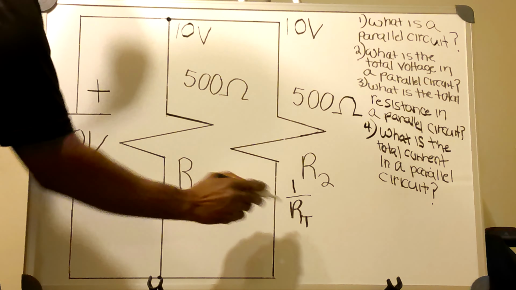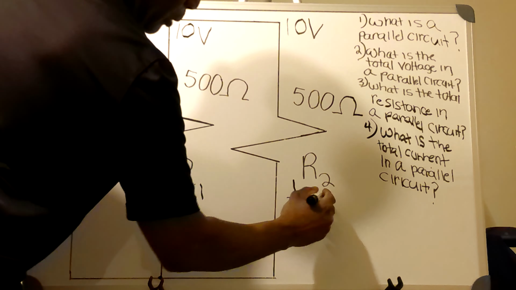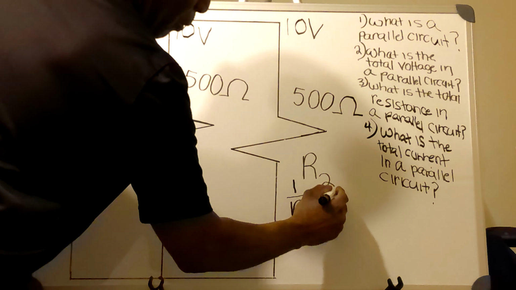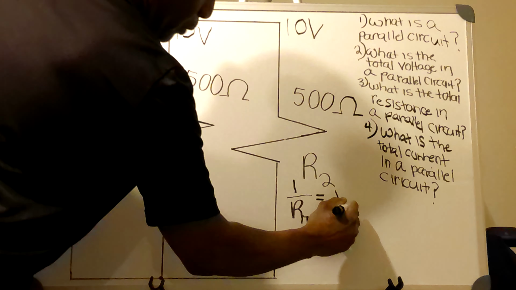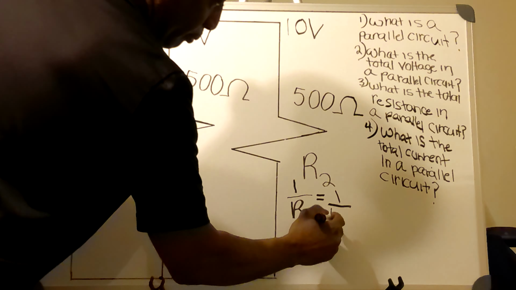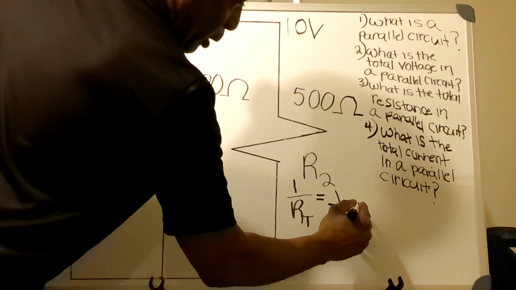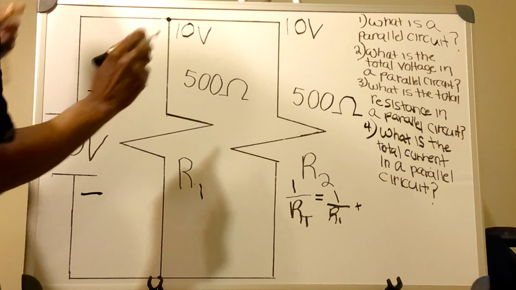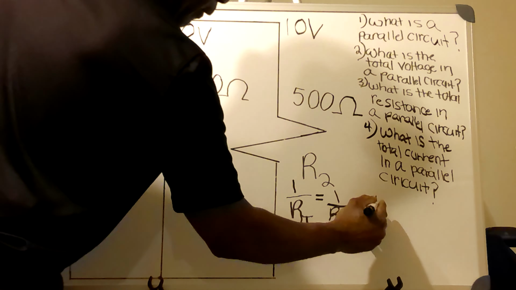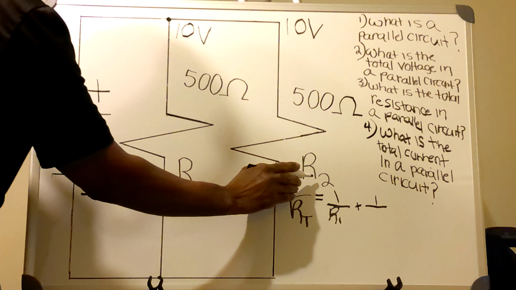That T represents the total resistance, equals 1 over resistor R1 plus 1 over resistor R2.